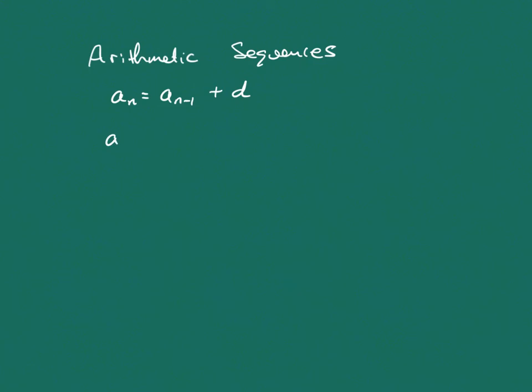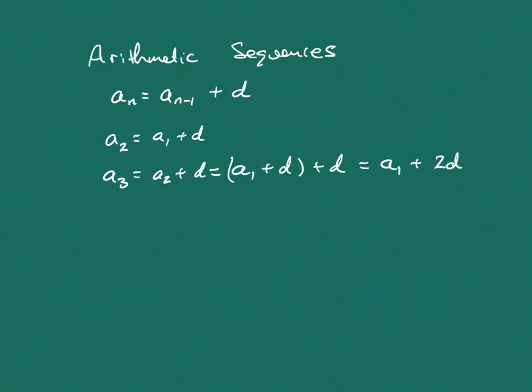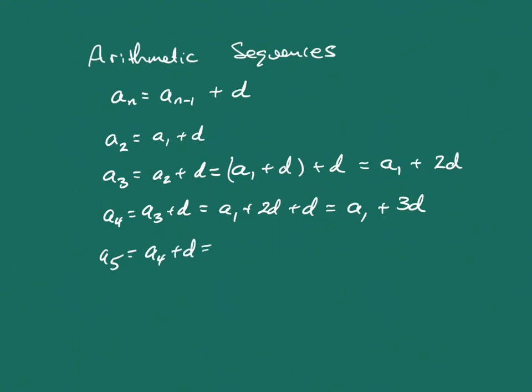Well, if I look at this, a2 looks like a1 plus d. a3 looks like a2 plus d, but a2 was a1 plus d, so it looks like a1 plus 2 times d. a4 looks like a3 plus d, but a3 was a1 plus 2d, so you get a1 plus 3 times d. a5 is a4 plus d, but that was a1 plus 3d plus d, so that's a1 plus 4d.